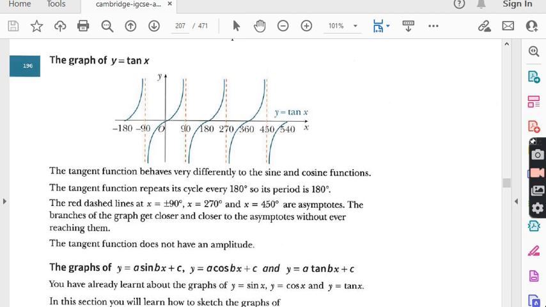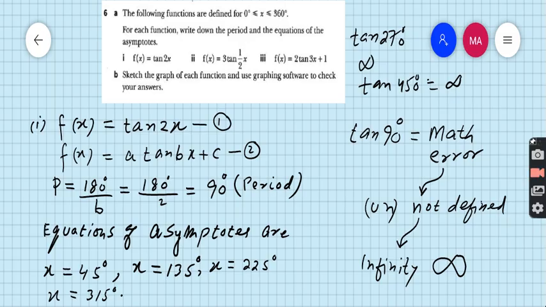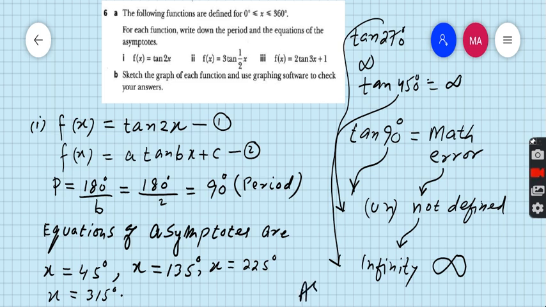So when you find tan 90 degrees, tan 270 degrees, or tan 450 degrees and other angles with the help of your calculator, all these angles give you the same value, that is infinity. So these angles are called asymptotes. What is an asymptote?